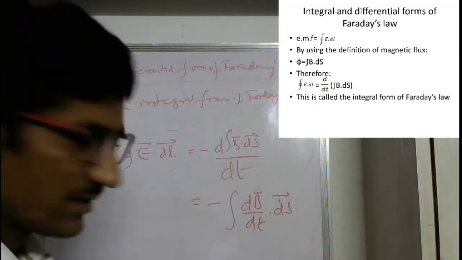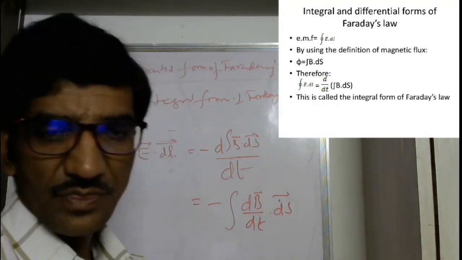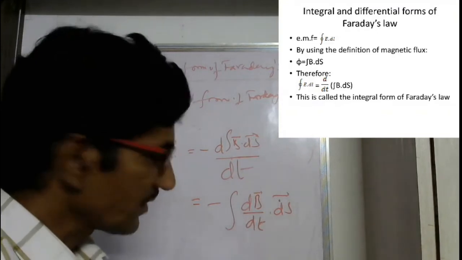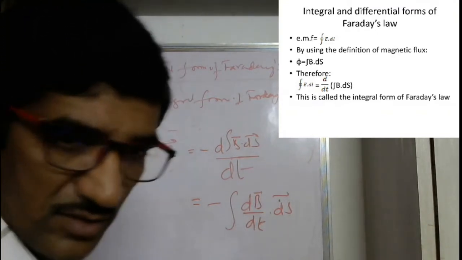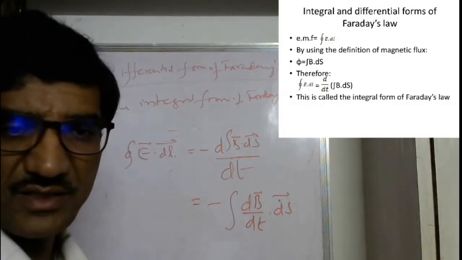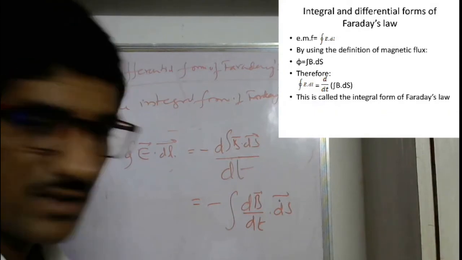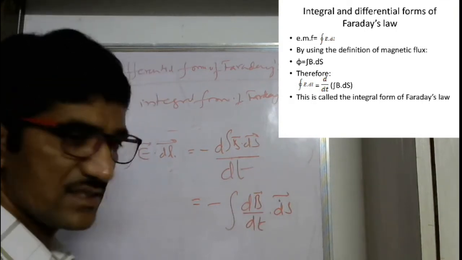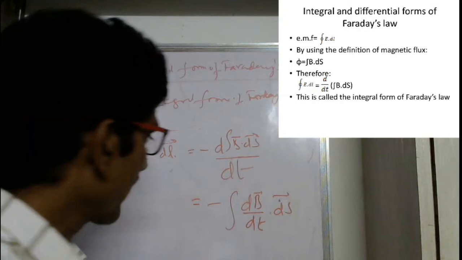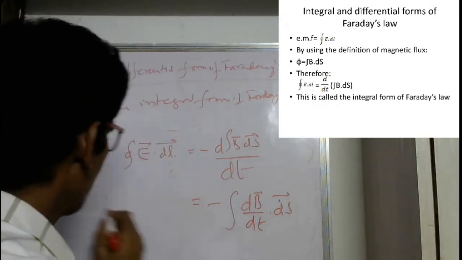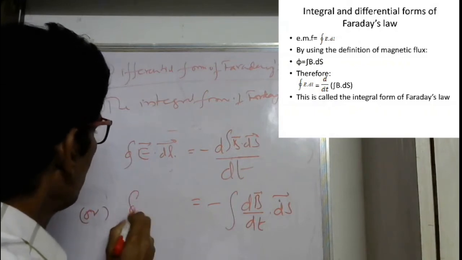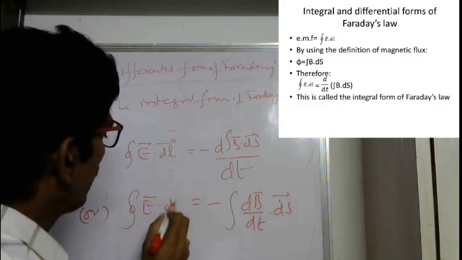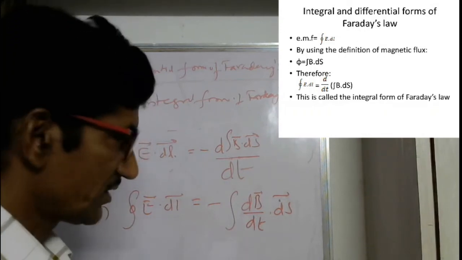That means we are taking the differential symbol within the integral. On the LHS you have the same thing: integral E dot dl is equal to this much.